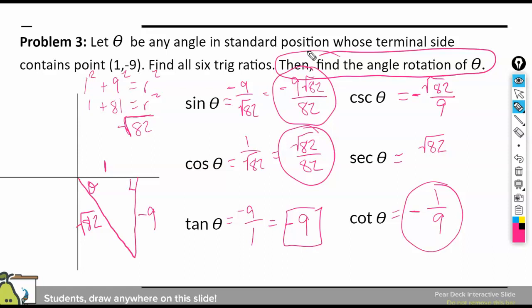But what you have to be aware of is that when I go into my calculator and I type in inverse sine of -9 square roots of 82 over 82, what it gives me is -83.7.